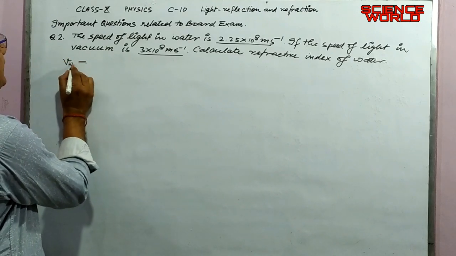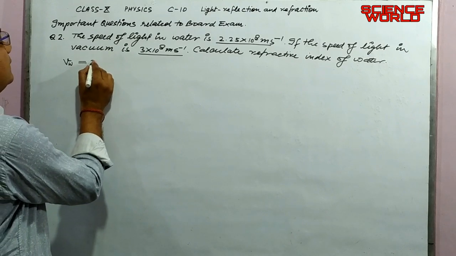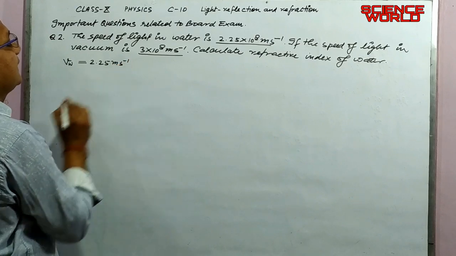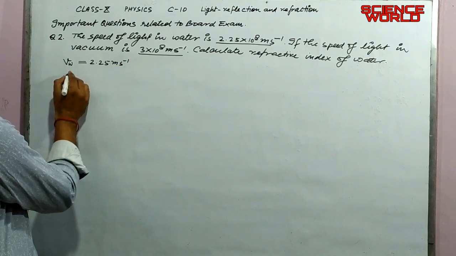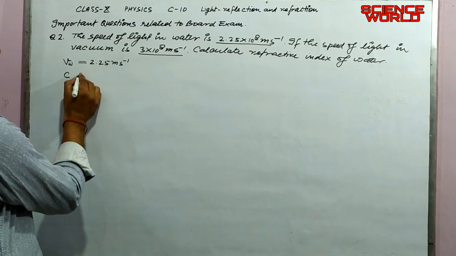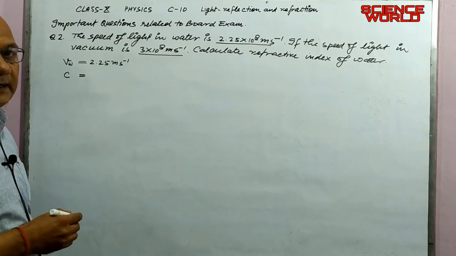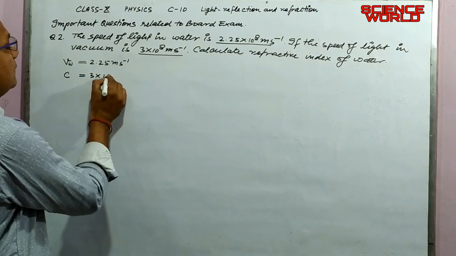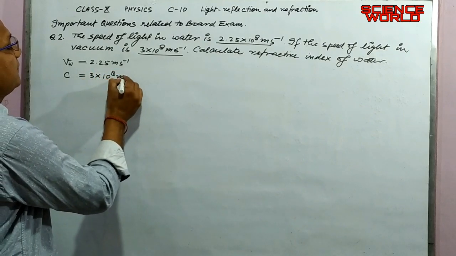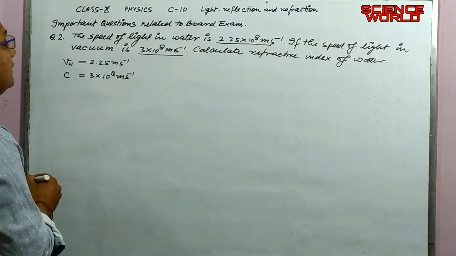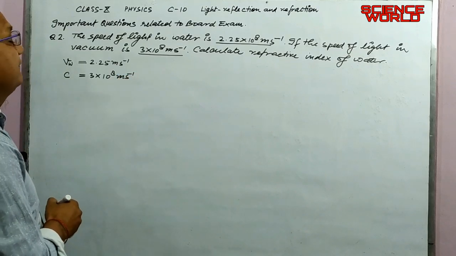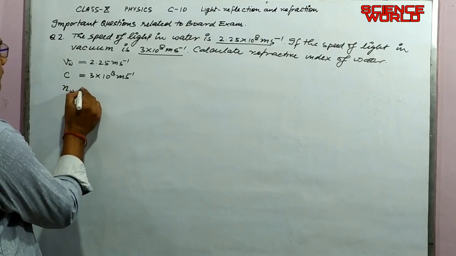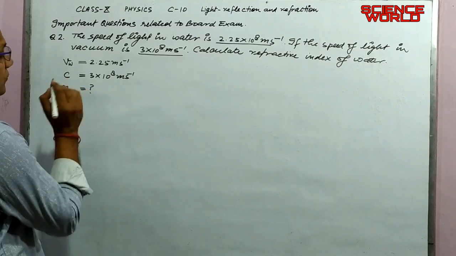So, speed of light in water is 2.25 into 10 to the power 8 meter per second, and speed in vacuum, this is c. c means speed of light in vacuum, 3 into 10 to the power 8 meter per second. Calculate refractive index of water. Refractive index of water is to be found out.